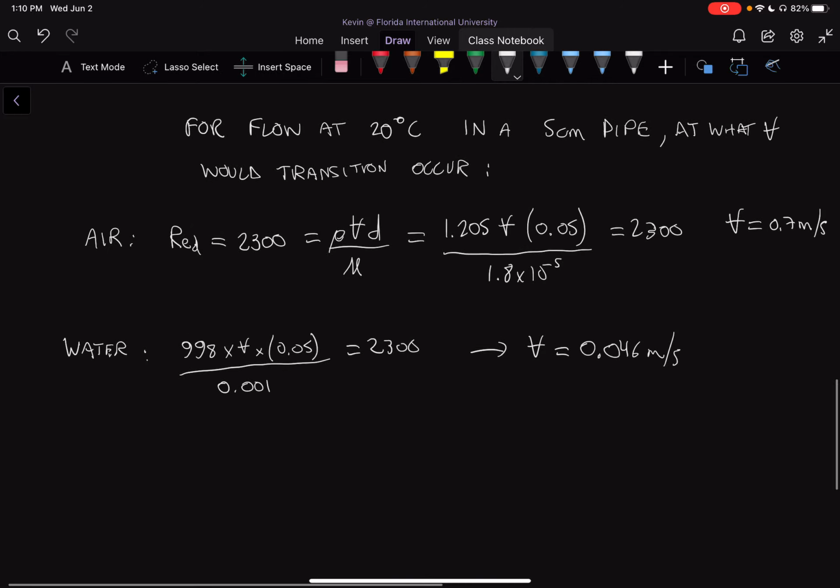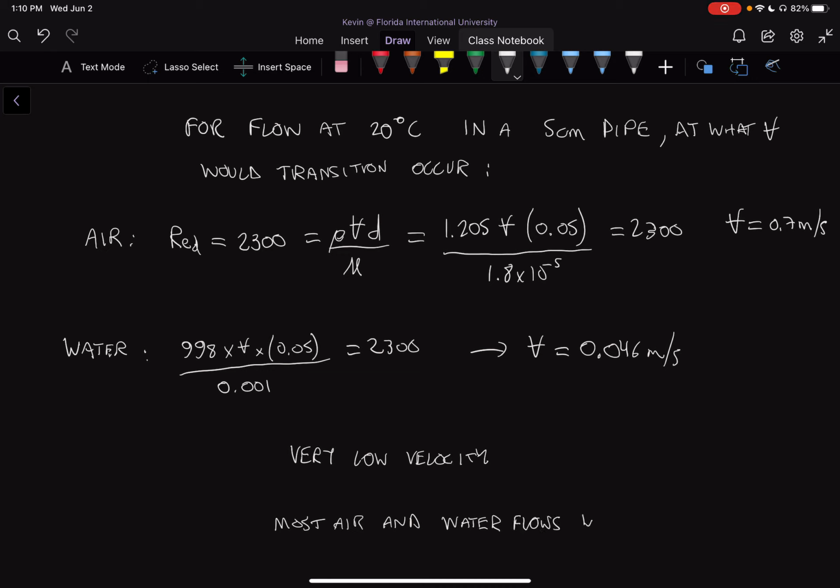So what we can conclude from this is that we have very low velocity in both cases. And what this means is that most air and water flows will be turbulent.